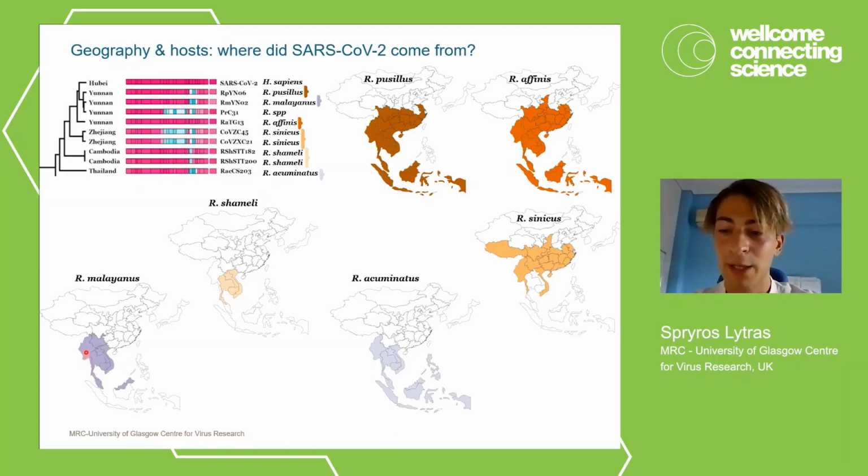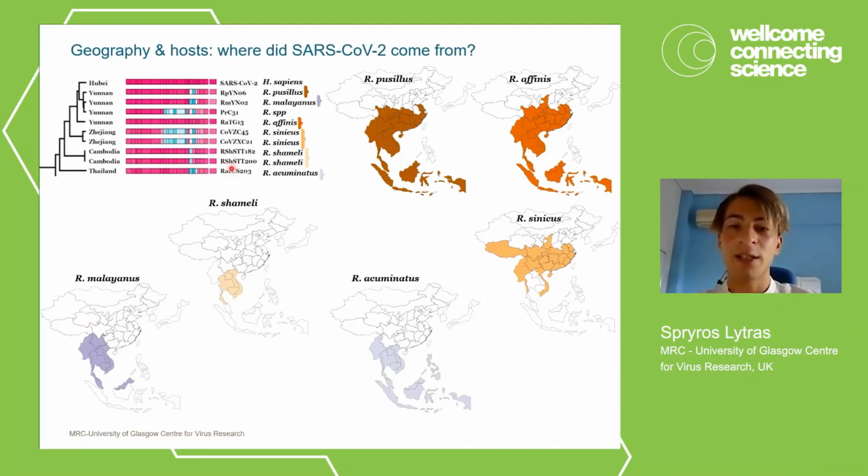So for example, Malayanus is mainly found in the Malay peninsula, but it's also found in Yunnan in China. So essentially, it looks as if these bat host ranges are overlapping between one another and also overlapping with the sampling locations of these closely related viruses.